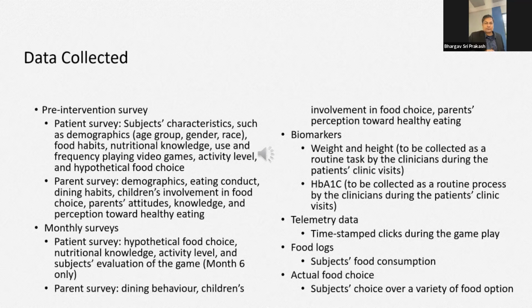And then we are also looking at food logs maintained by the children, and the actual food choices that children make when they come to the clinic and have an option to choose from a buffet of snacks and food.